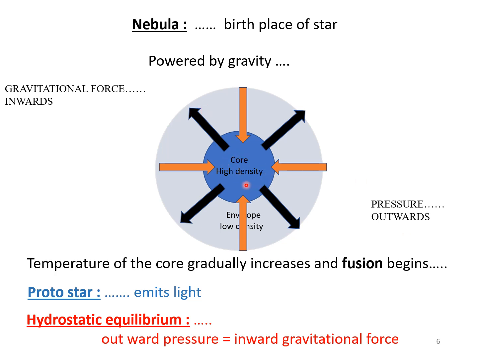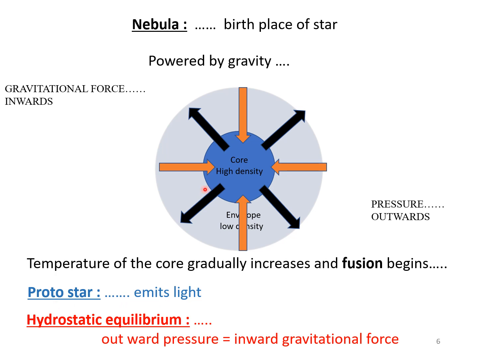And it may so happen that the gravitational pull of the different atoms increases the temperature, and the atoms may begin to fuse together, and it may reach a particular stage wherein light may begin to come out of that particular region. Then that particular region is what is called the nebula, the birthplace of the star, and the star itself is called a protostar.